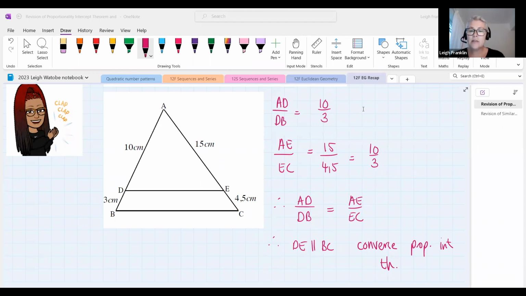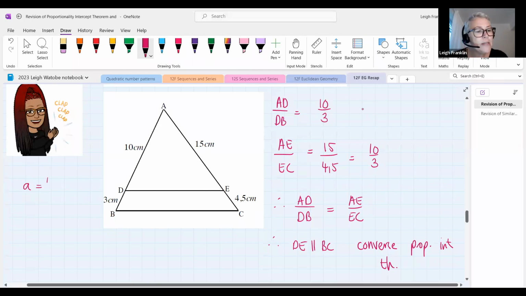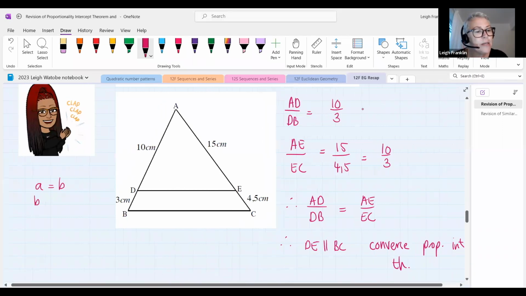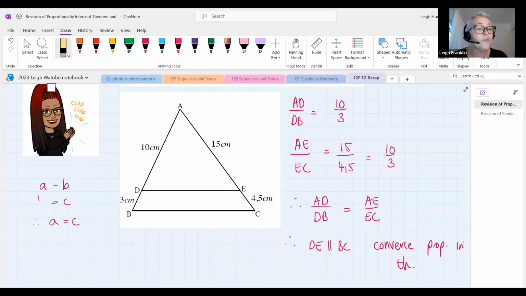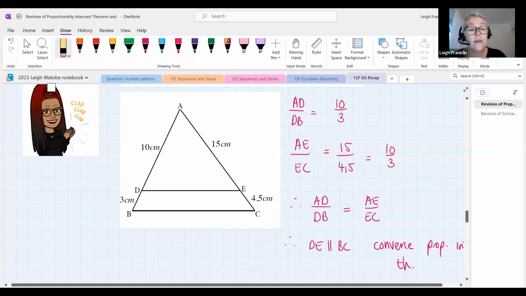AE over EC is also equal to 10 over 3. So in maths, if A is equal to B and B is equal to C, then A and C are equal to the same thing, which means that A has to be equal to C. That's essentially the principle that we're using here.